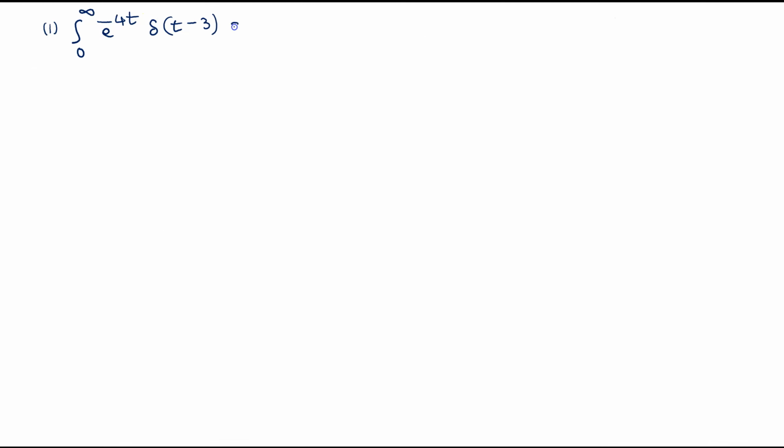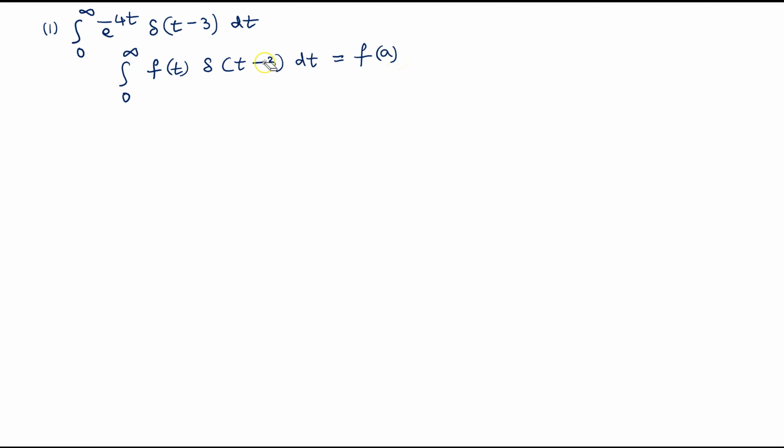We have to evaluate value of this integral using this property. So what is that property? We know that property integral 0 to infinity f of t into delta of t minus a dt, which is equal to f of a.